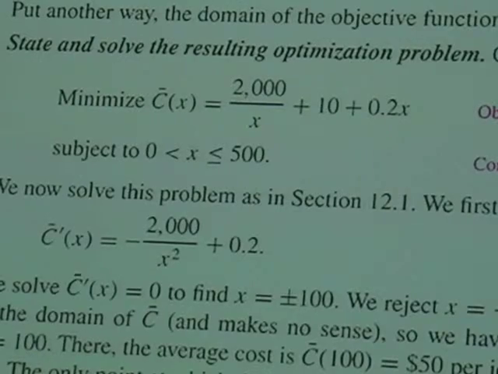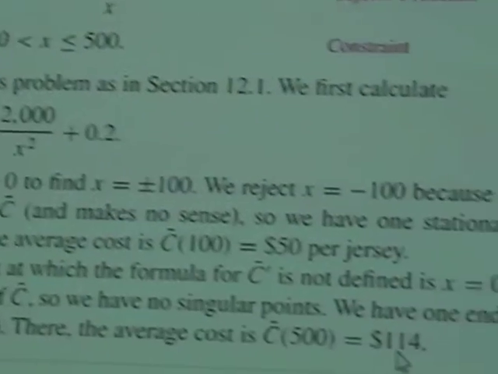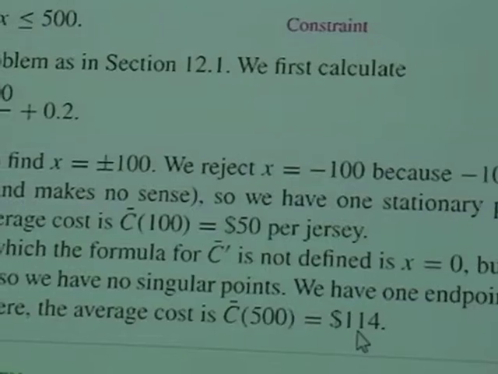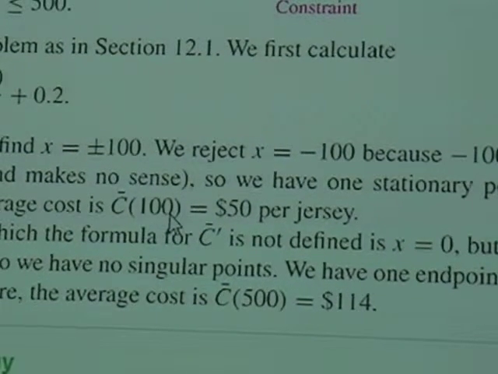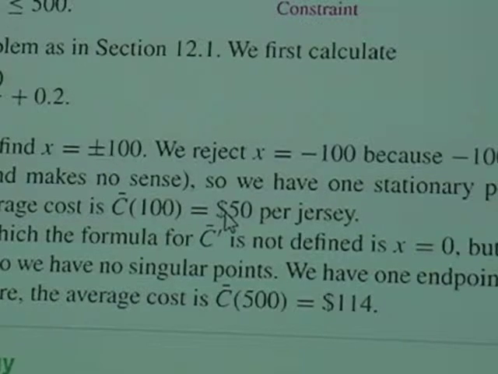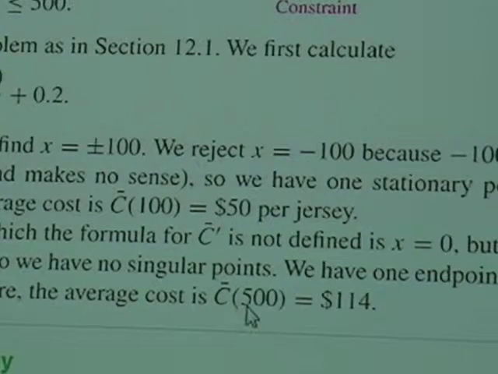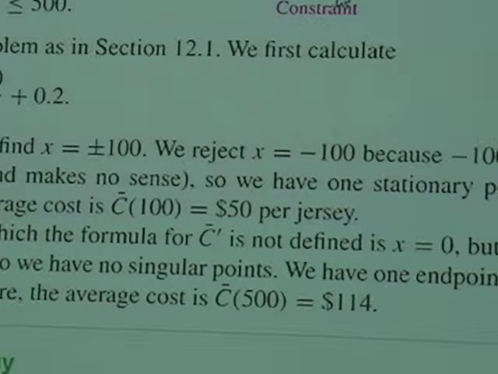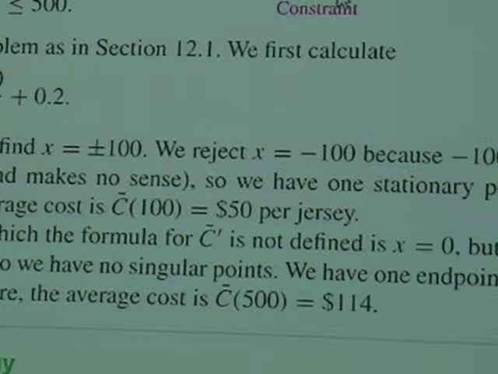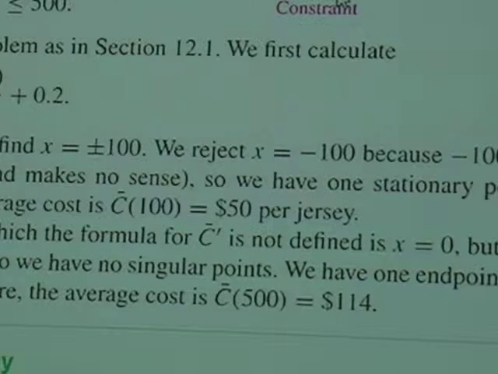So we'll believe him. The average cost for 100 is $50, and the average cost for 500 is 114. So what does that mean to you? Let me put it this way.